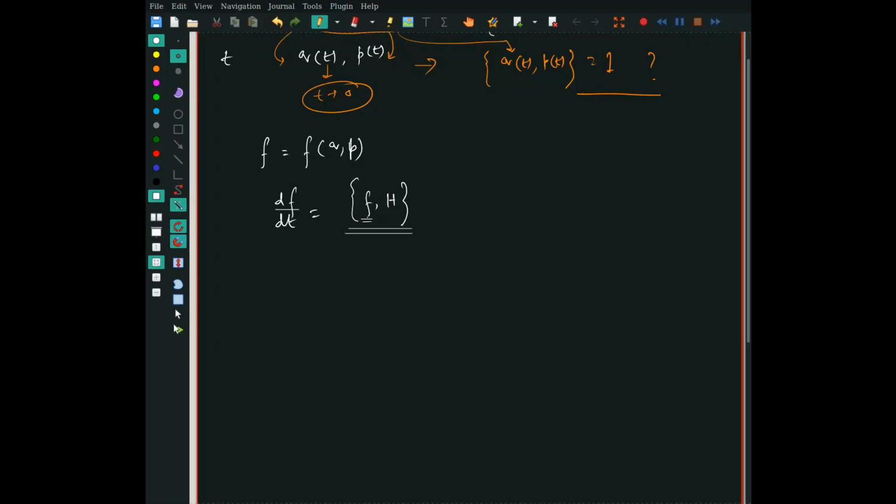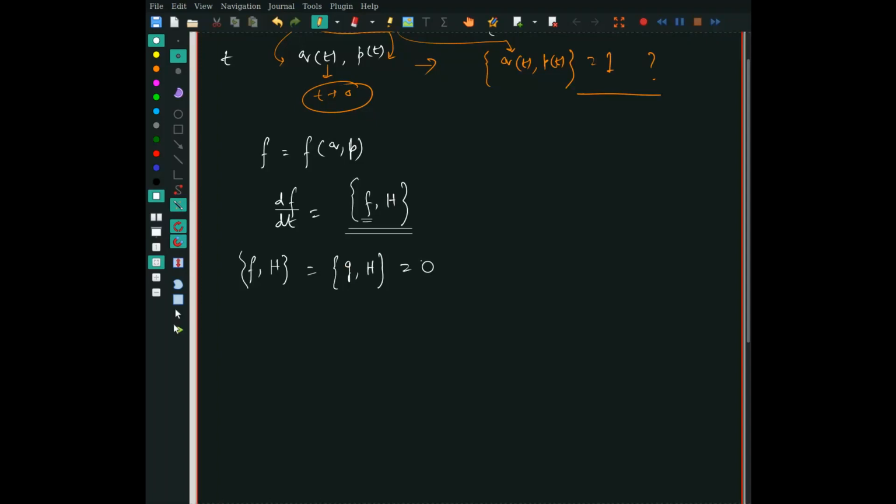Now, suppose you have found two such conserved quantities, let's say f and g, such that the Poisson brackets of f with h and of g with h are both 0, so these two are conserved quantities, of course.